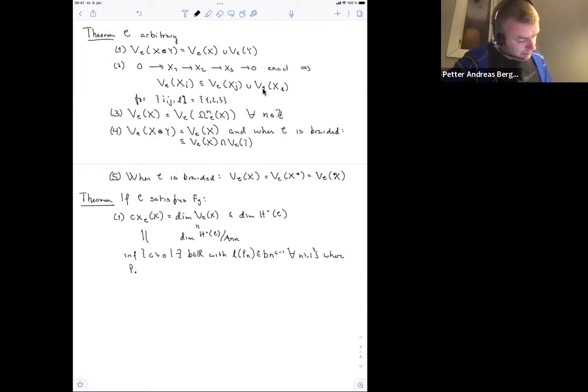So P dot is the minimal projective resolution of X. So in particular, complexity 0 means that you have a projective object, which is the same as having zero-dimensional, meaning trivial, support variety. So an object is projective if and only if the support variety is trivial.